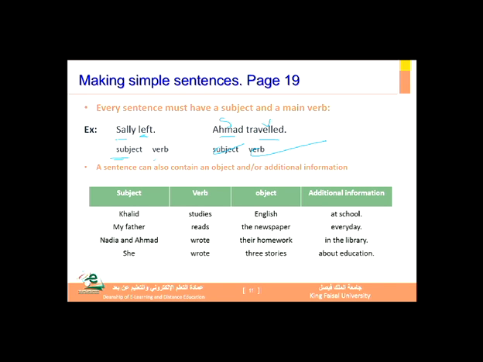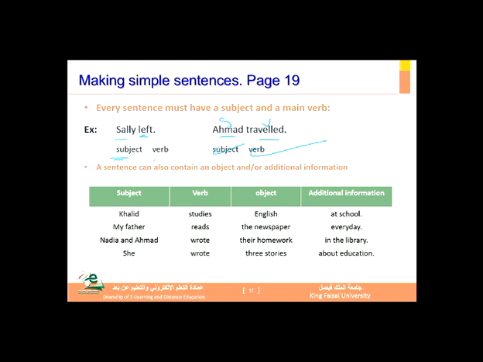So this is a chart, a table that shows us how the sentence has to start with the subject, followed by the verb, followed by an object if there is one, then probably more information, extra information, additional information. Look at the first example.